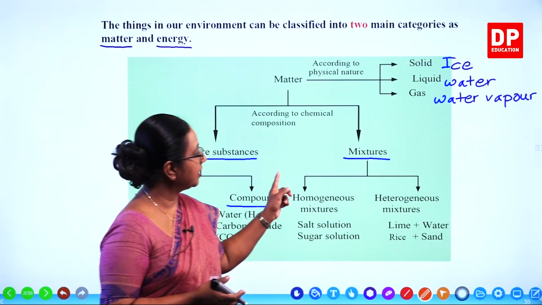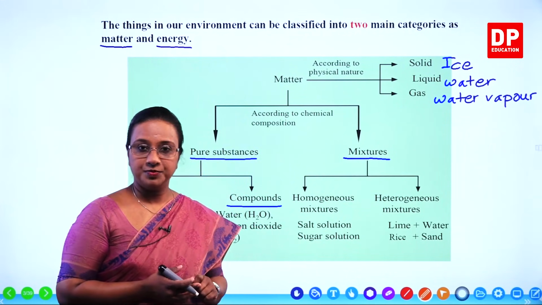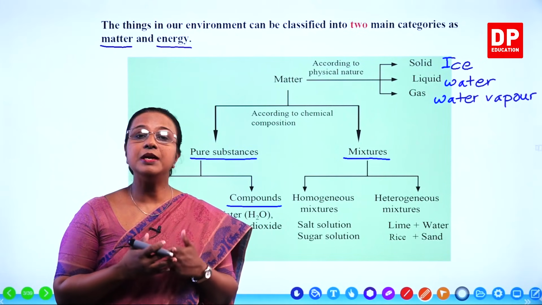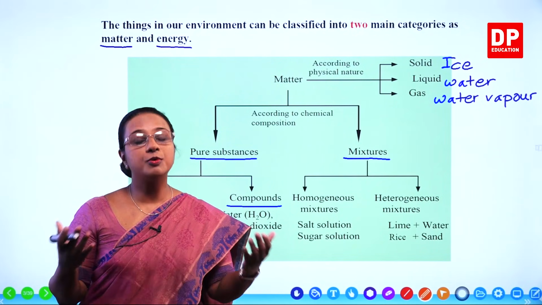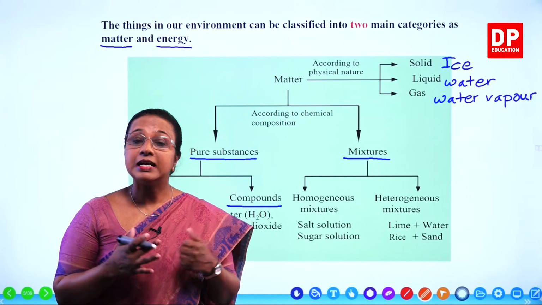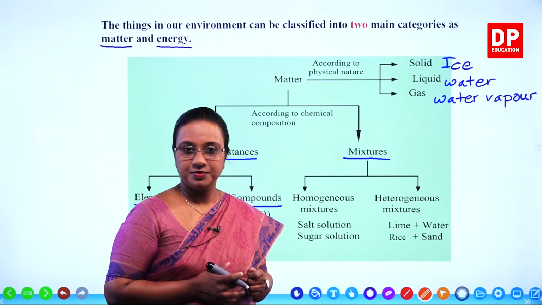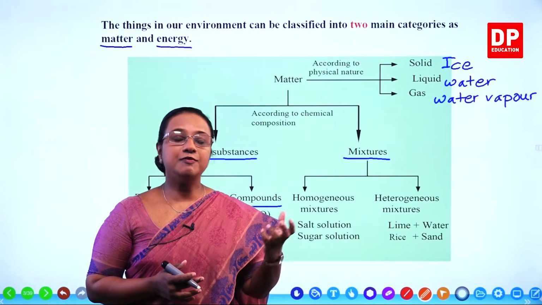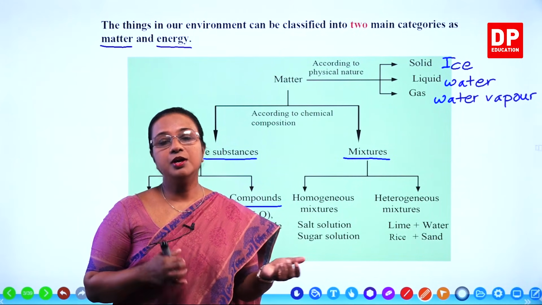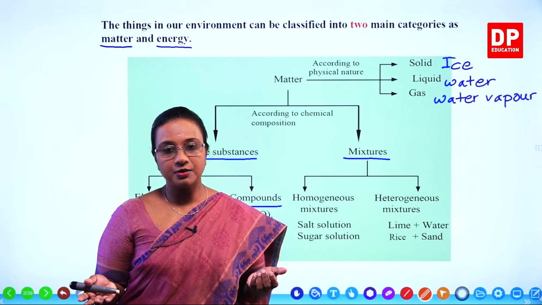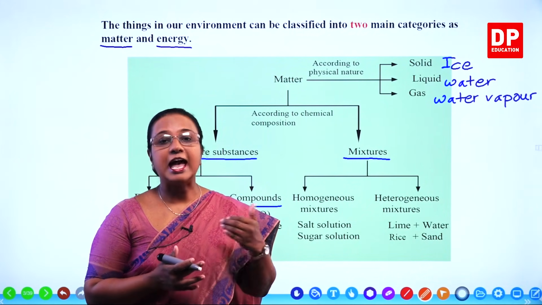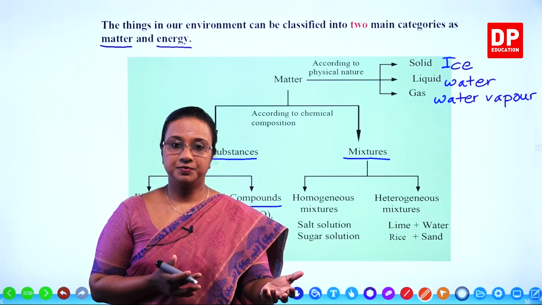Then two or more pure substances combine together and form mixtures. For example, if you have salt, a compound, and water, another compound, they mix together and form a mixture.